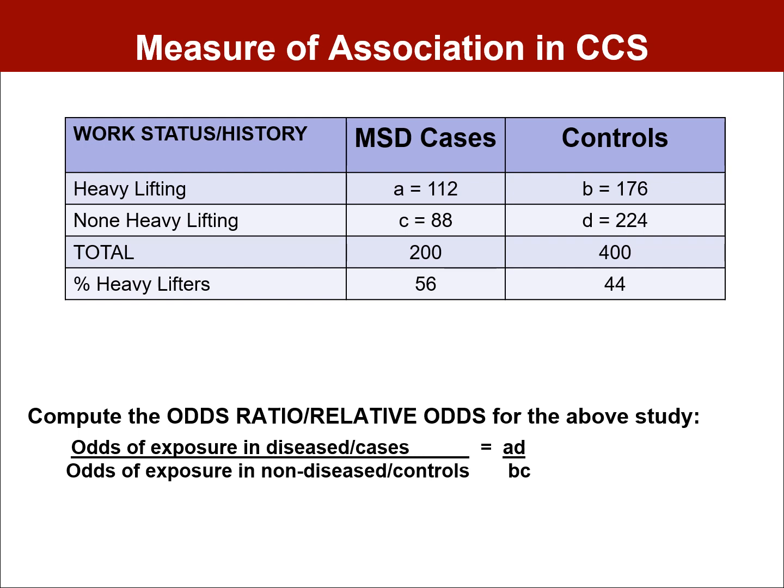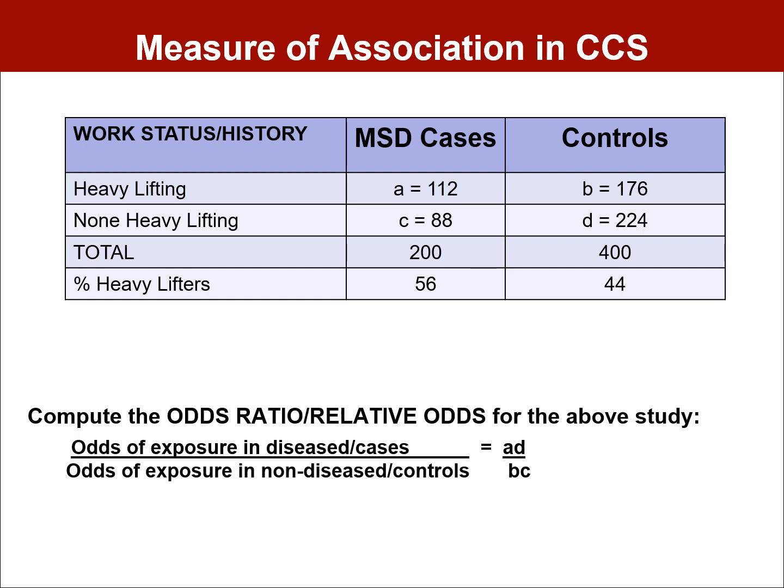When we sum all of this up, we know that the formula for the odds ratio, which is a relative measure of association, is the odds of exposure in the diseased or cases divided by the odds of exposure in the non-diseased.